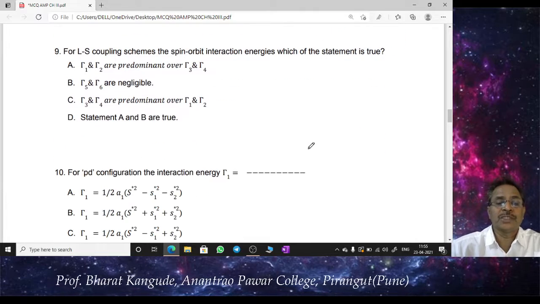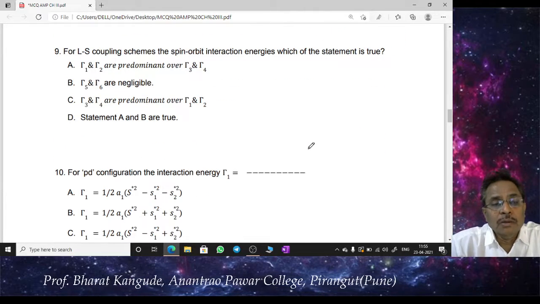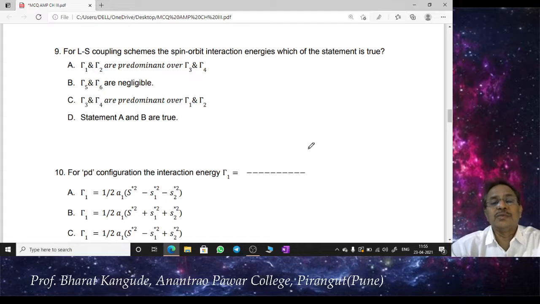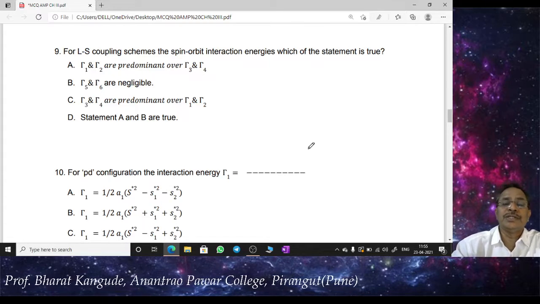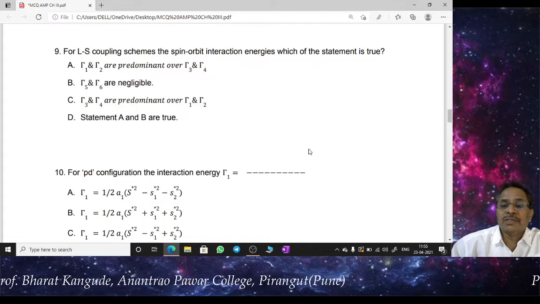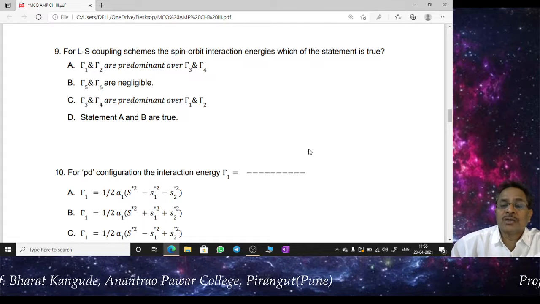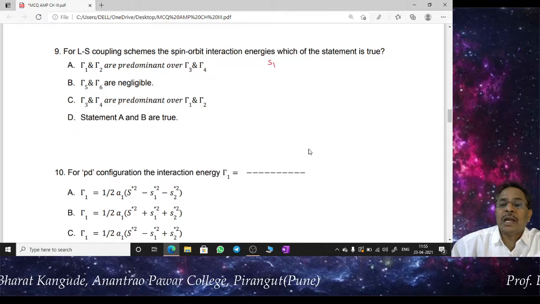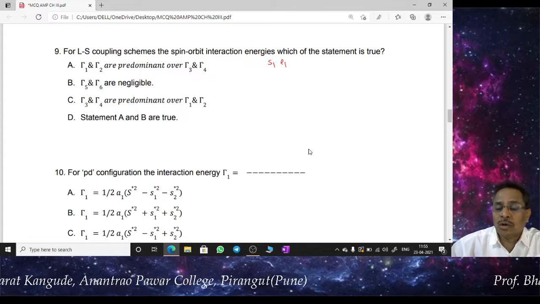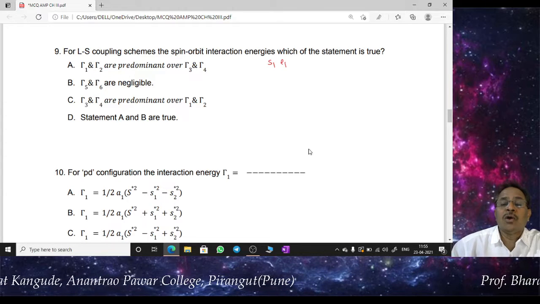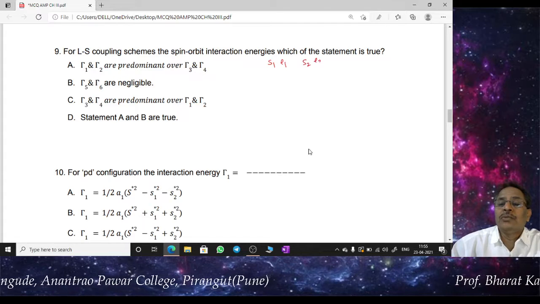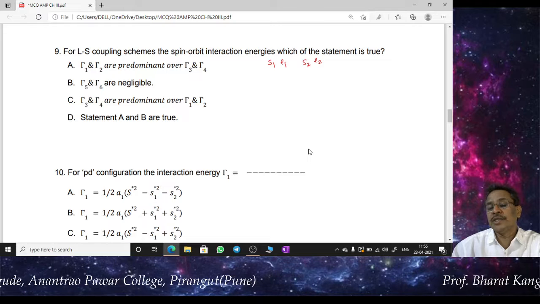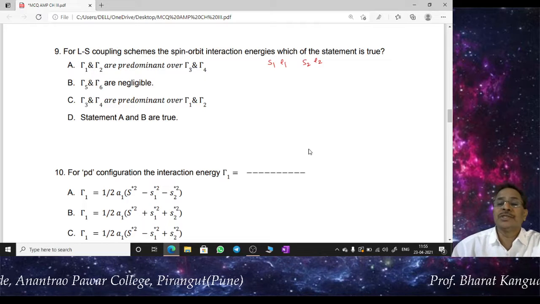Now question number 9. For LS coupling schemes, for the spin orbit interaction energies, which of the following statements is true? When we have a two valence electron system, we have S1 and L1, the spin angular momentum and orbital angular momentum of the first electron, and similarly S2 and L2 for the second electron.